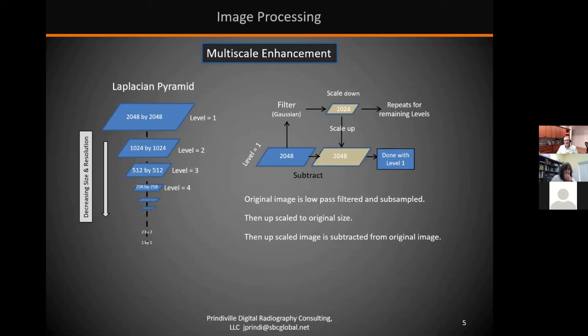When I have detail that's low spatial resolution, it's going to be voids. When I get down to the very bottom, if I go that far, I'm going to have just the background grayscale. It's going to be the average intensity across that image. That's all I'm going to have. So each level I come down is coarser resolution. It's going to be higher frequencies as I go up, lower spatial frequencies as I go down.